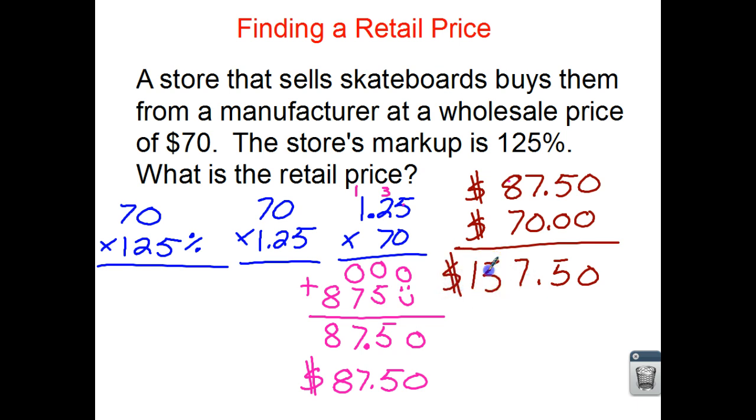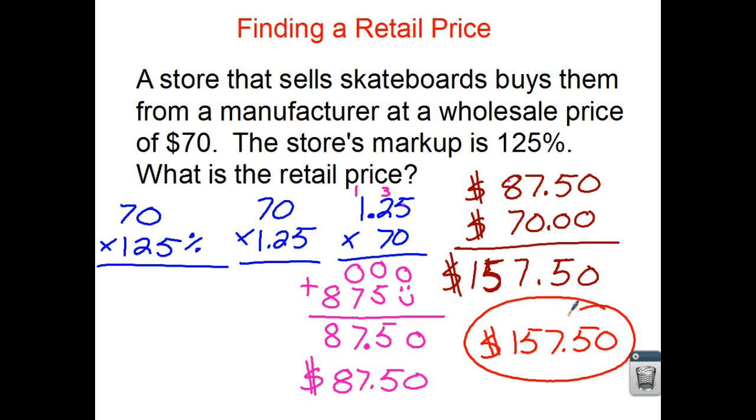And this skateboard, sorry about that, it's a 5, is, oh, that's an expensive skateboard. Now, I'm not into skateboarding, but if you are, it is going to cost you $157.50. And that is called the retail price because we bought it in the retail store.